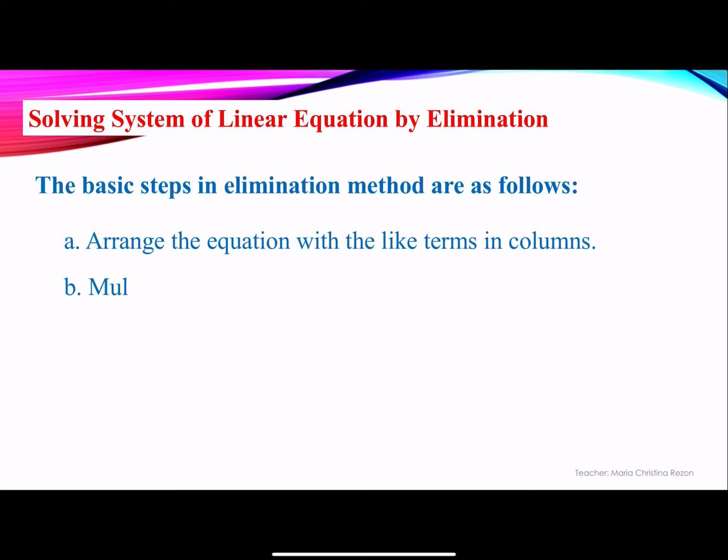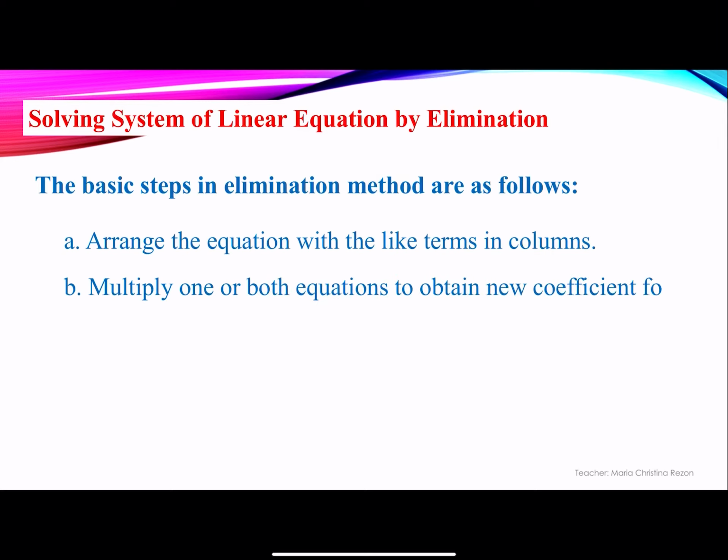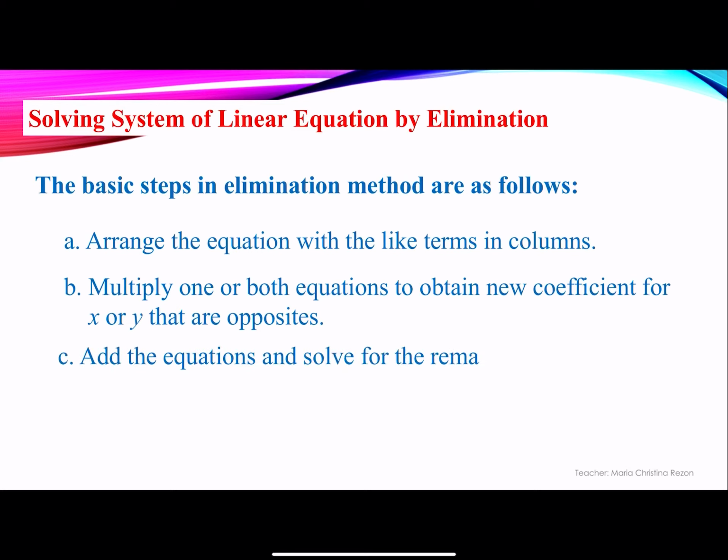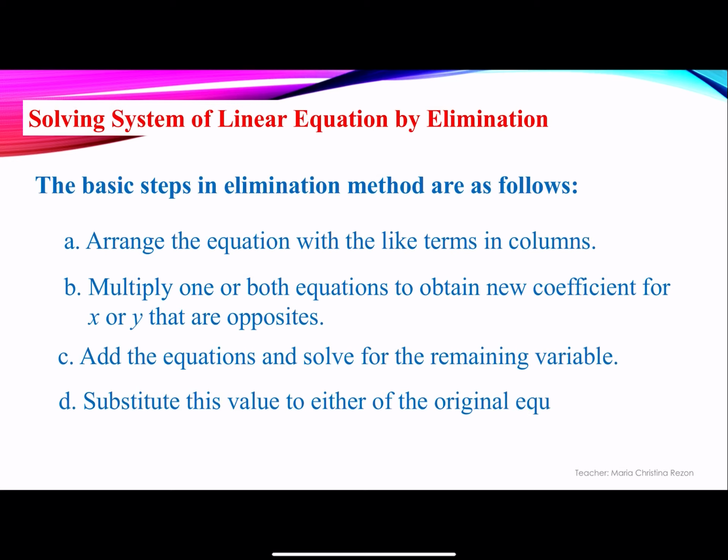And then the next one is multiply one or both equations to obtain new coefficients for x or y that are opposites, okay? And then you can add the equations and solve for the remaining variable. After that, you have to substitute the variable to either of the original equations, and then solve for the other variable.